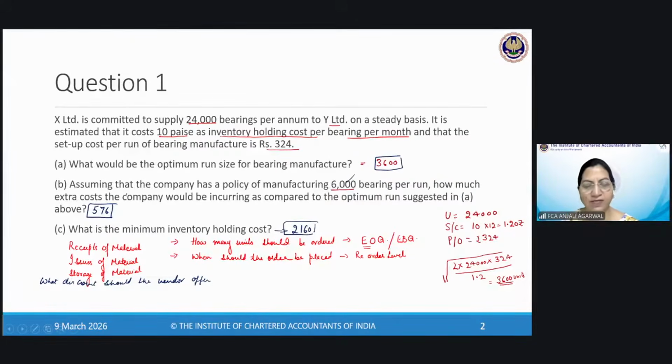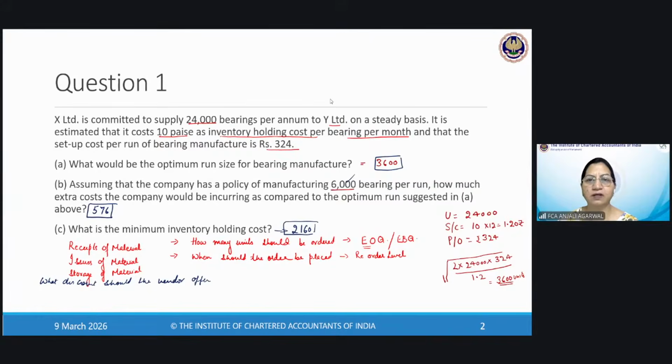So if this 576 is compensated in the form of discount, you can go for 6,000 bearings per run. Whatever the extra cost you have, if that is balanced and compensated by the vendor, at least 576, you may go for placing an order for 6,000 bearings.